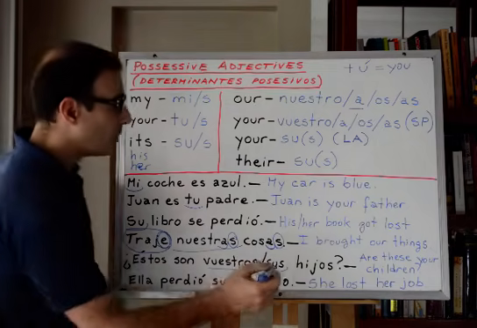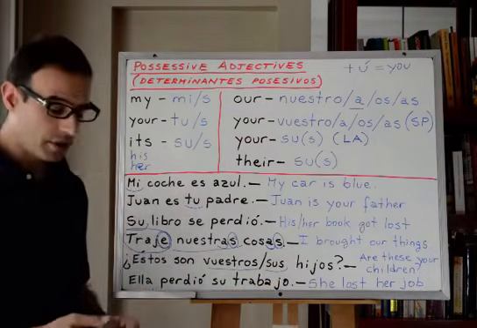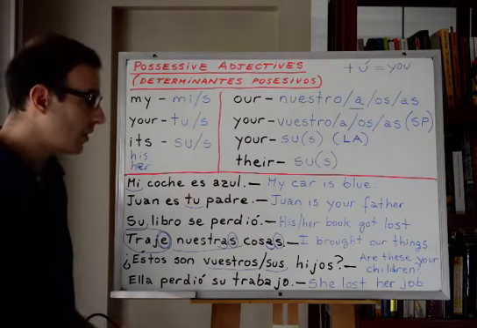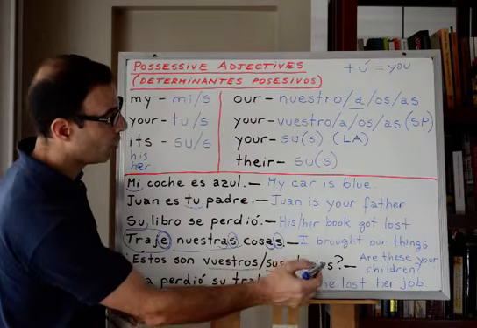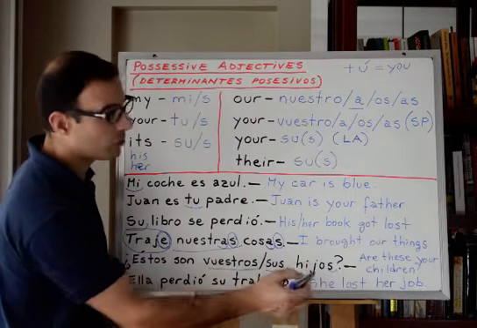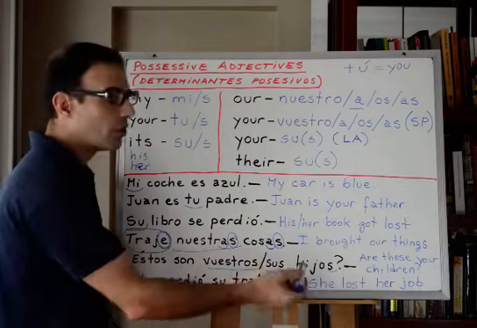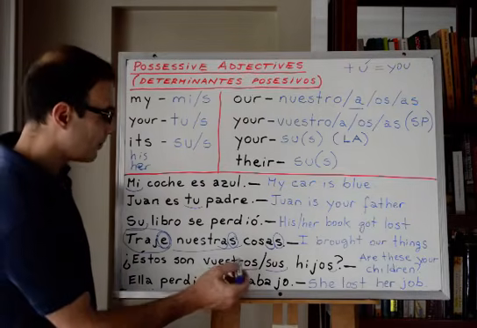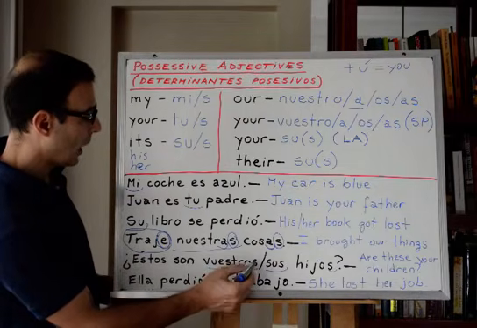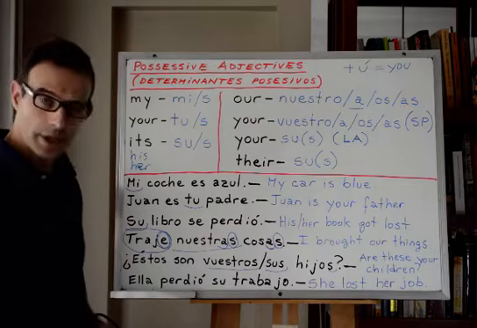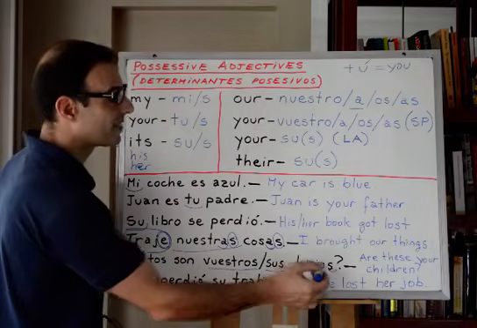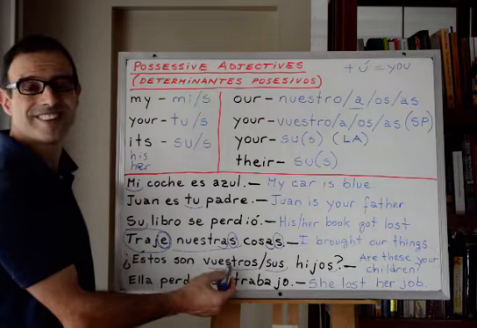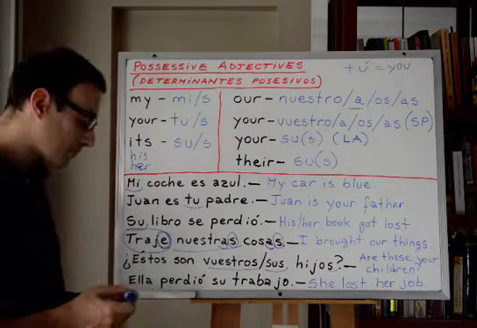The word hijo, son, is masculine, so we say vuestro, masculine. And since we are pluralizing the word, we add an S for vuestros. If it were daughters, we would say hijas, and it would be vuestras hijas.